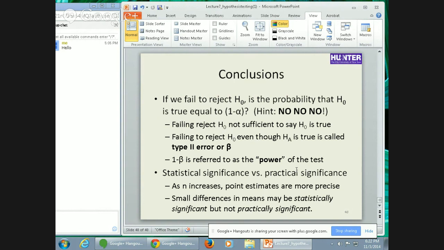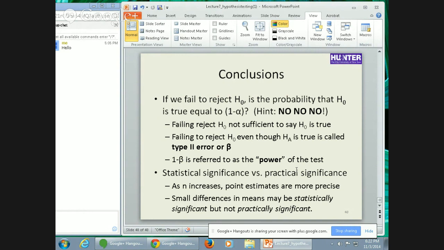But you could imagine there are many other possible explanations other than the null hypothesis being true. So it doesn't mean that the probability of the null hypothesis being true is 1 minus alpha.